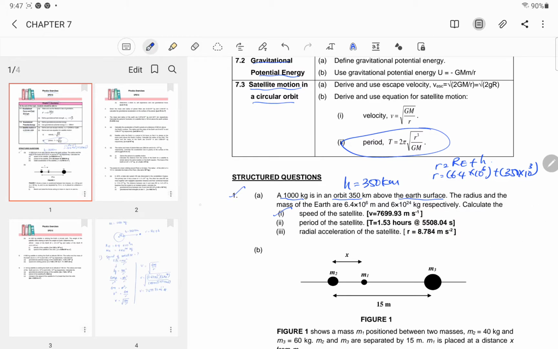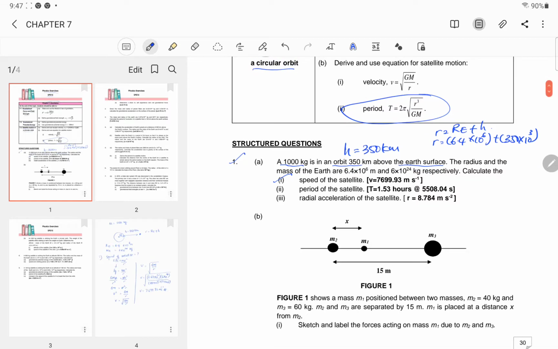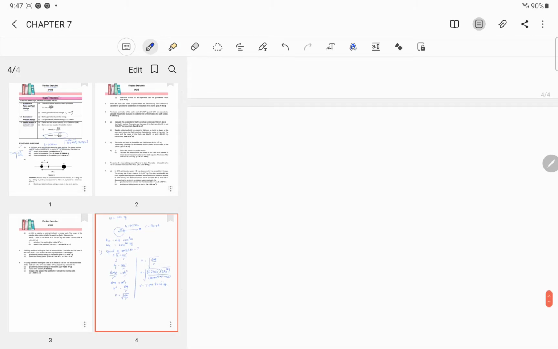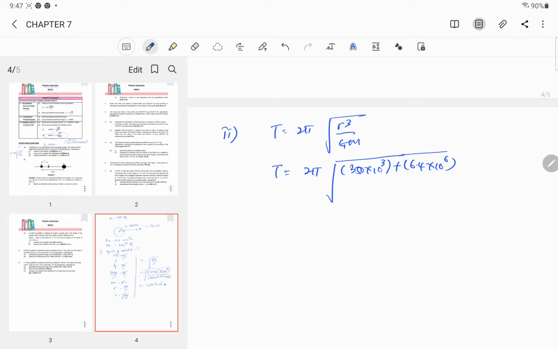Okay, so your T is equal to 2 pi square root of R cubed over GM. Remember, T equal to 2 pi square root of R cubed over GM. Okay, so this is the correct one for part B. So your T equal to 2 pi, your R is 350 times 10 power of 3 plus 6.4 times 10 power of 6.